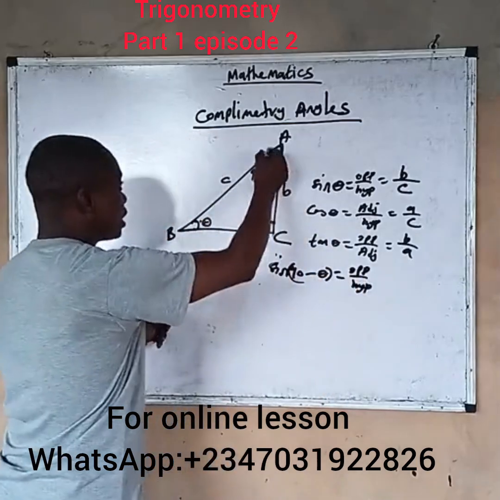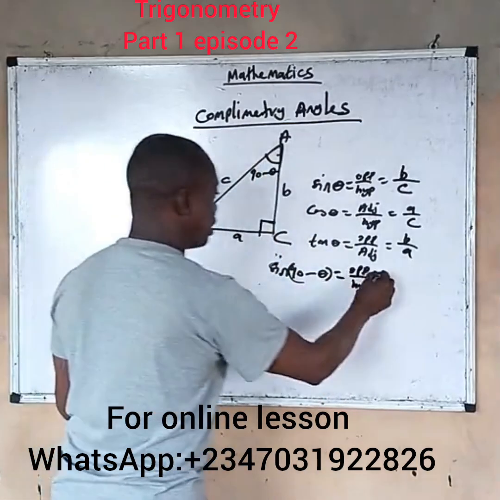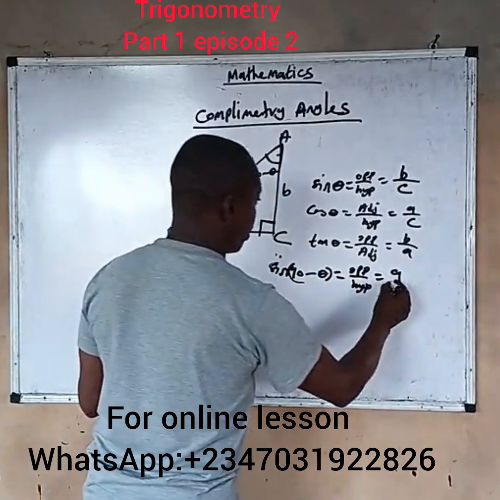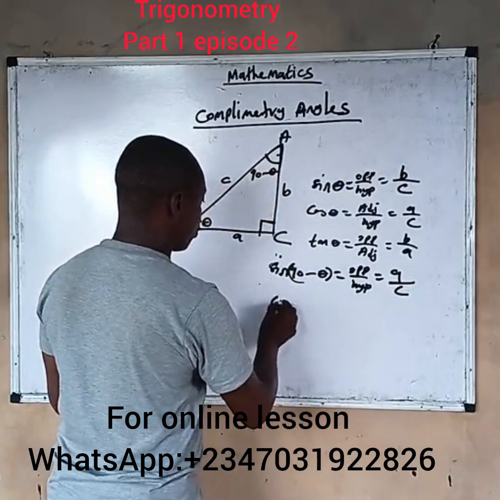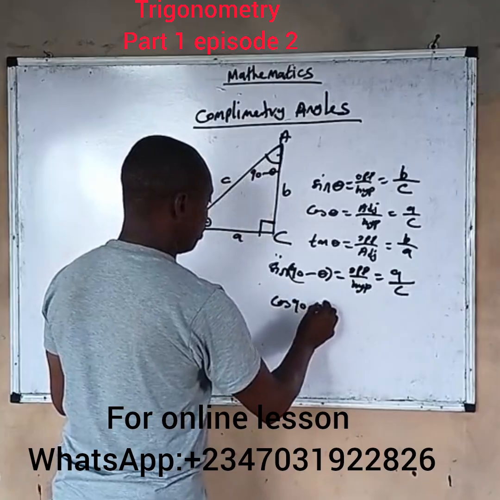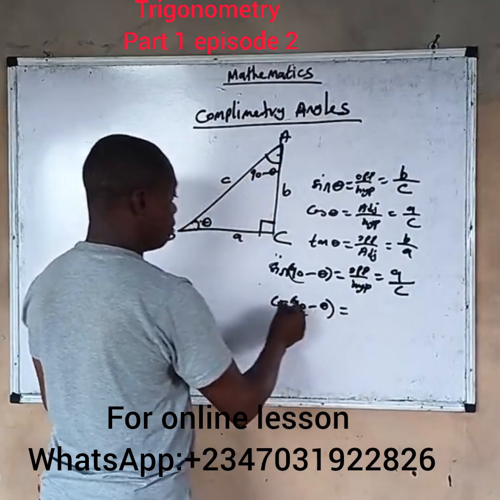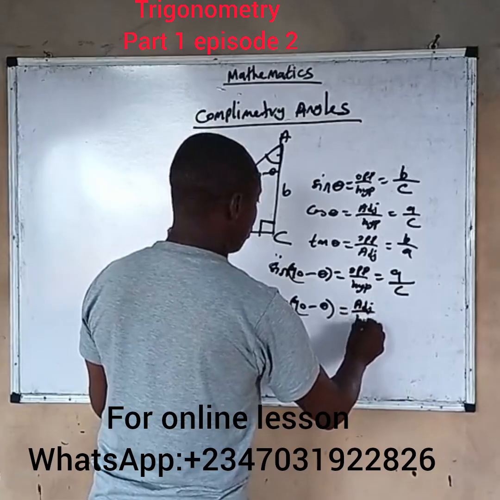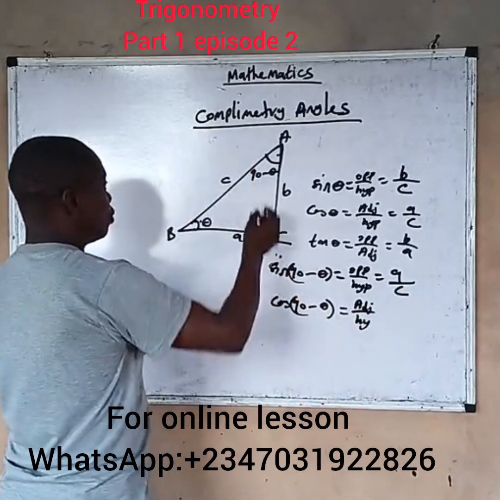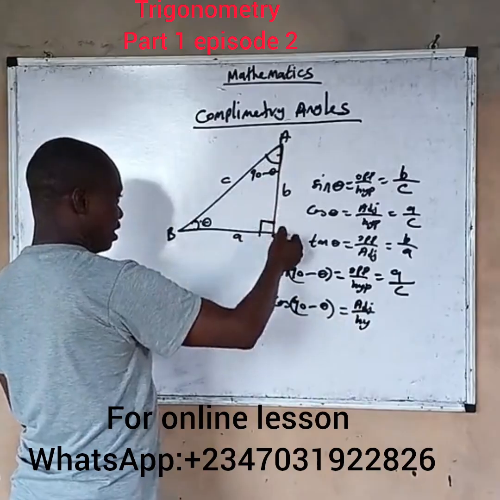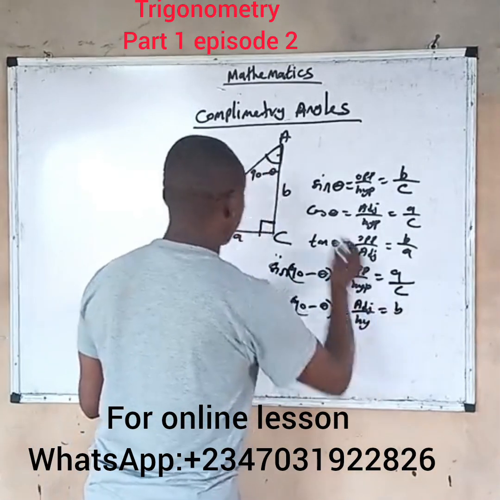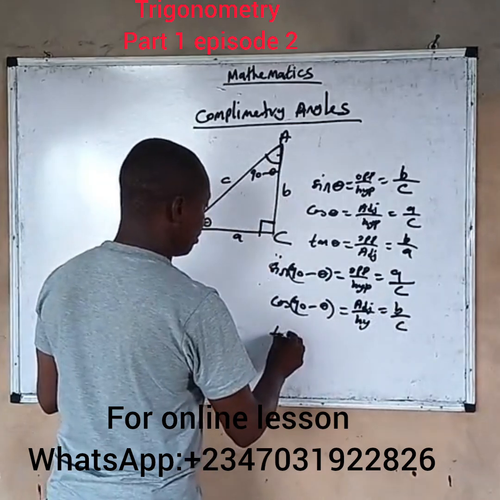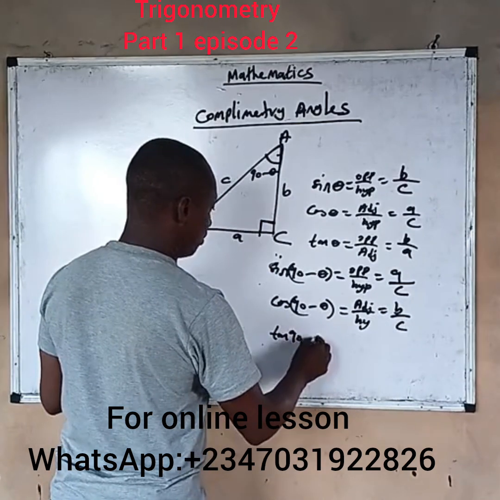The opposite of this 90 minus theta is here, so this time it is A, while the hypotenuse still remains C. Then cos 90 minus theta is adjacent over hypotenuse. The adjacent to this 90 minus theta is B, over the hypotenuse C. Then tan 90 minus theta.